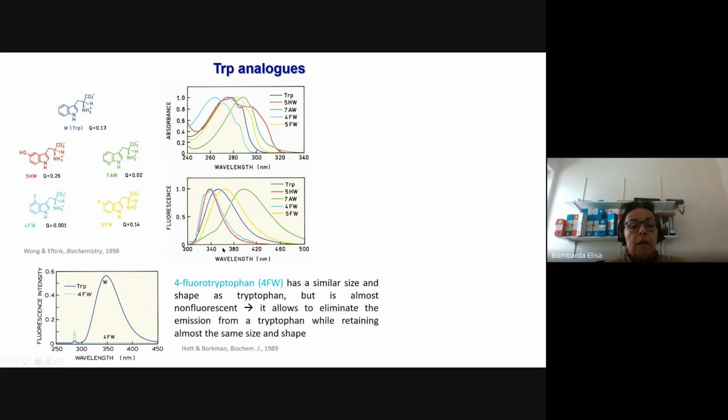So then there is tryptophan, which has a certain quantum yield in water. Then inside the protein it can change, and that is the case of this tryptophan analog, which is actually non-fluorescent.